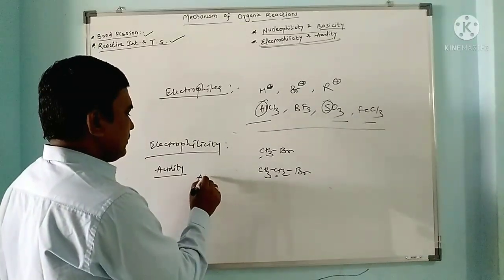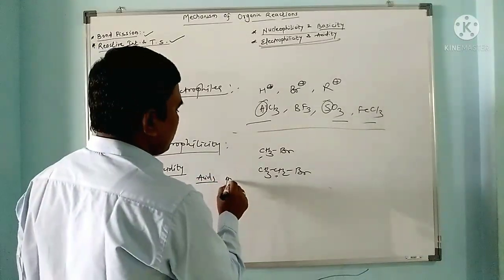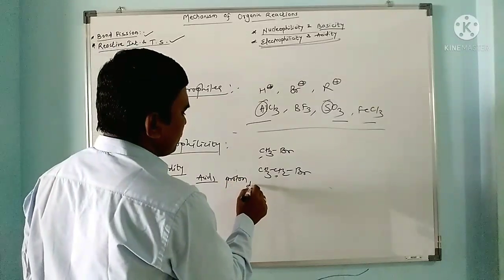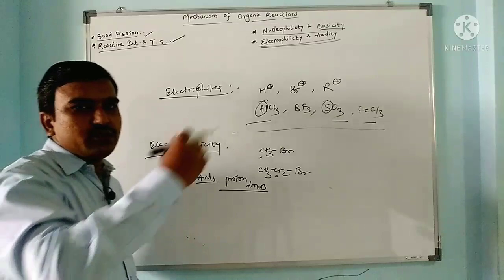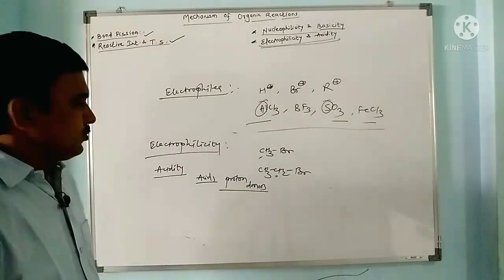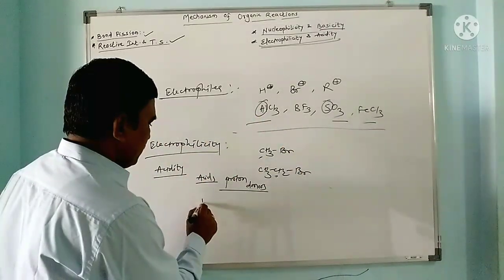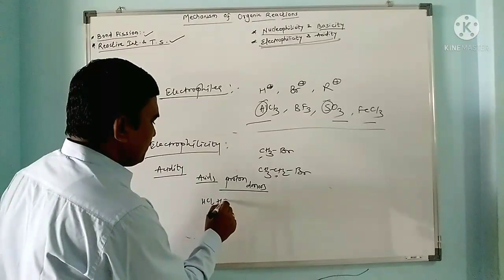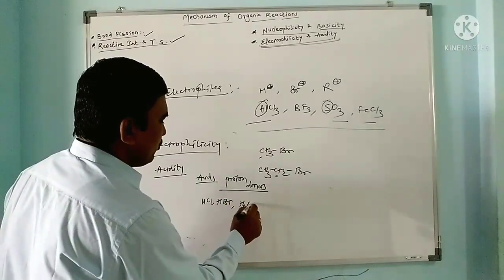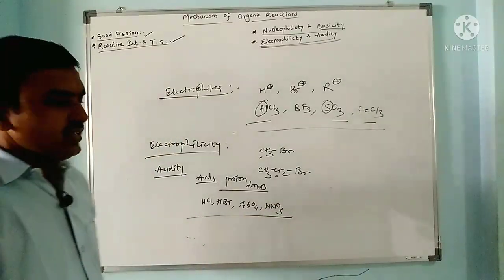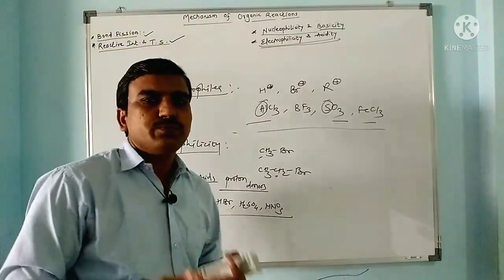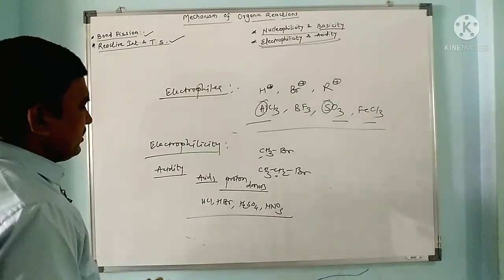So acids are proton donors, and acidity is how fast it donates a proton. We have different acids: HCl, HBr, H2SO4, HNO3. Its ability to donate a proton is called acidity.